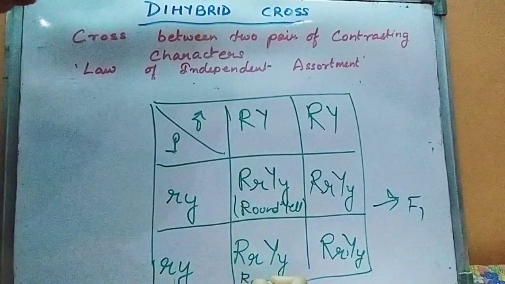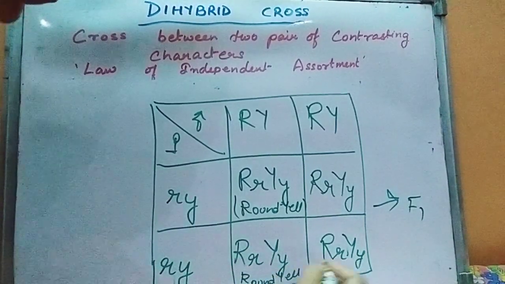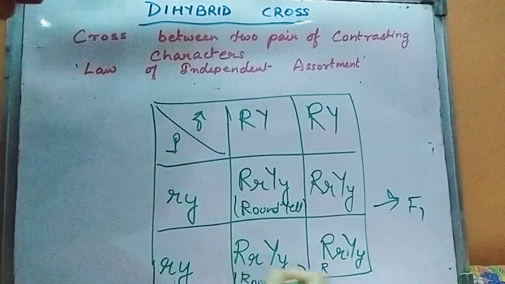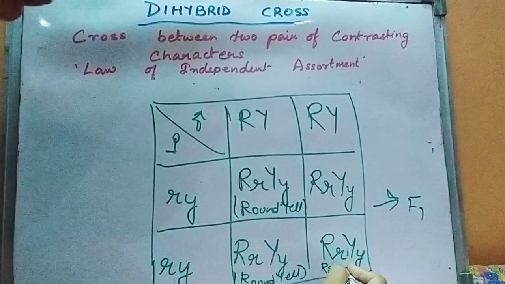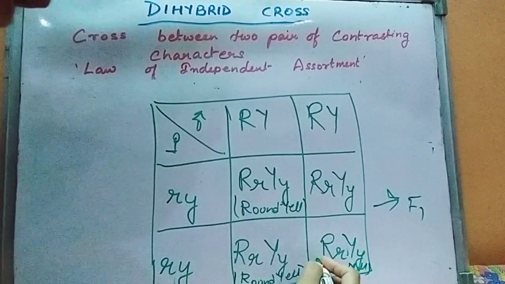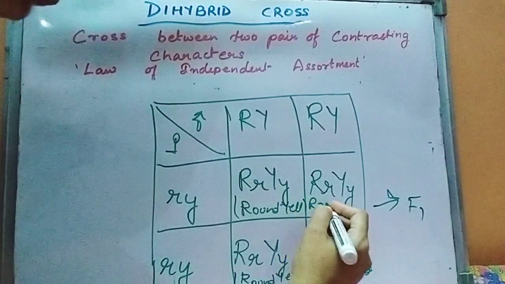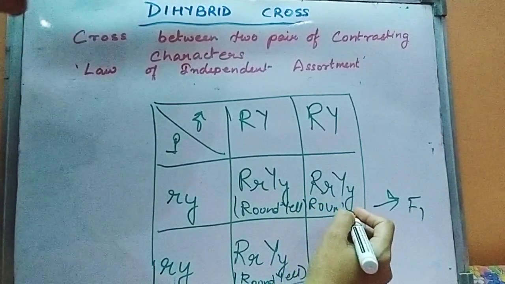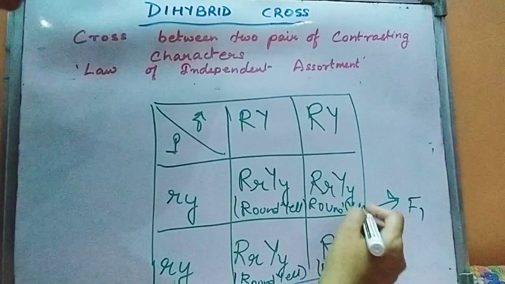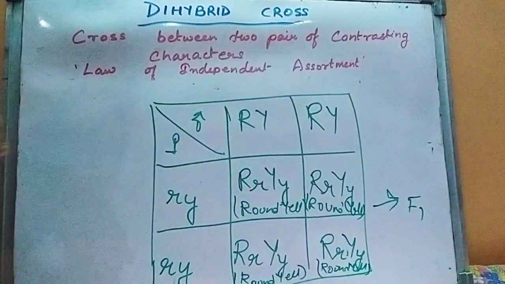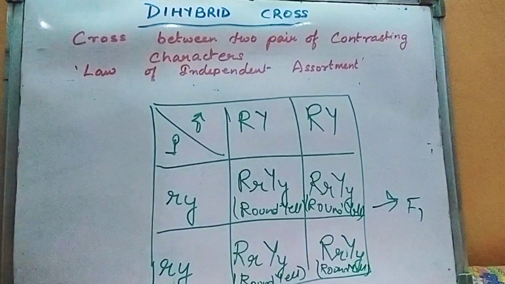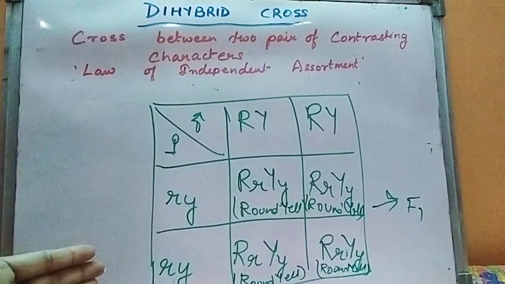Monohybrid cross. In the first generation, all the dominant trait has come out, and the recessive failed to express. So the phenotype and the genotype were all the same, all round yellow plants.